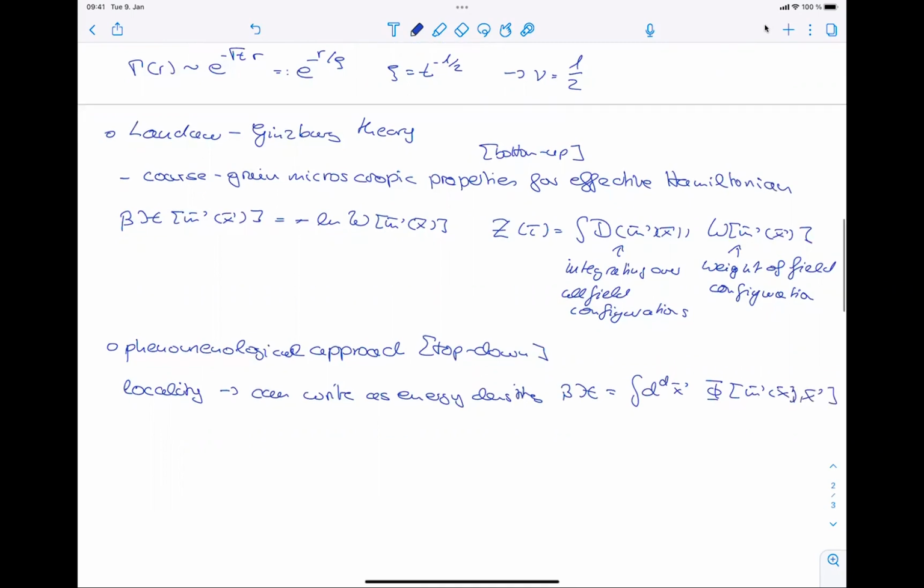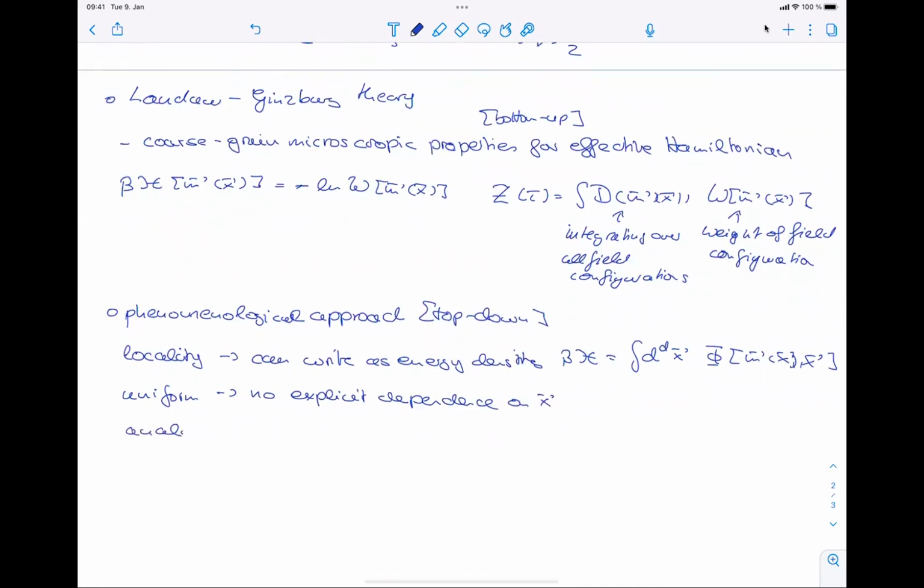Then we can have a uniform system that we look at that tells us there's no explicit dependence on X.